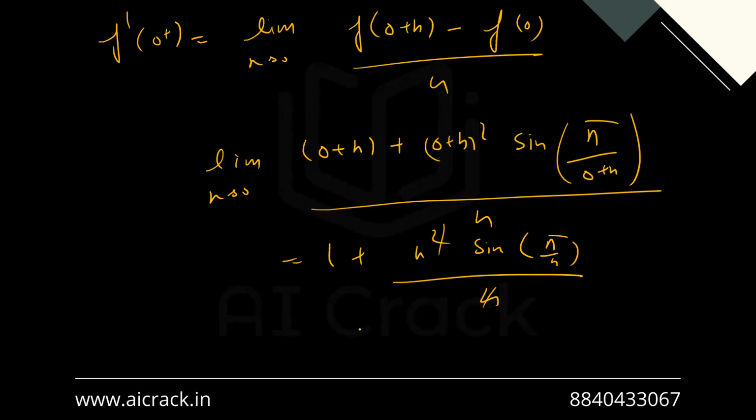So this gets cancelled, and we are left with 1 + h sin(π/h).